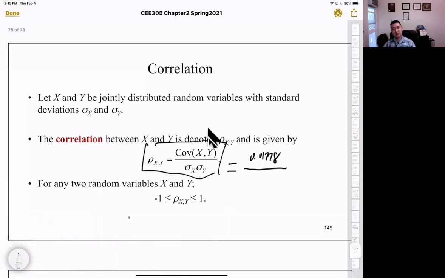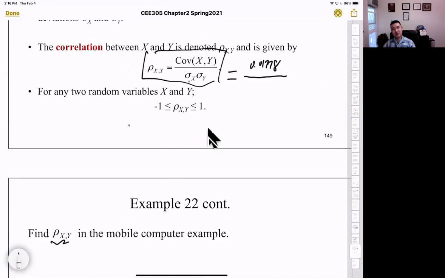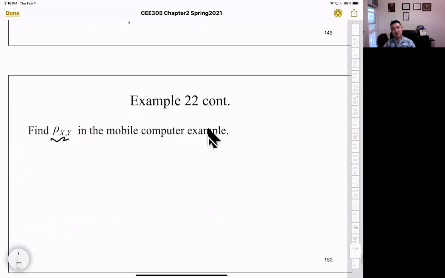Sigma x squared is the variance of x, based on the equation you can find in slide 108.